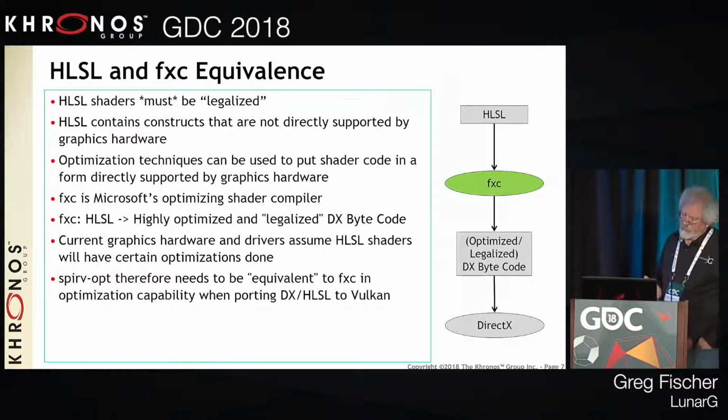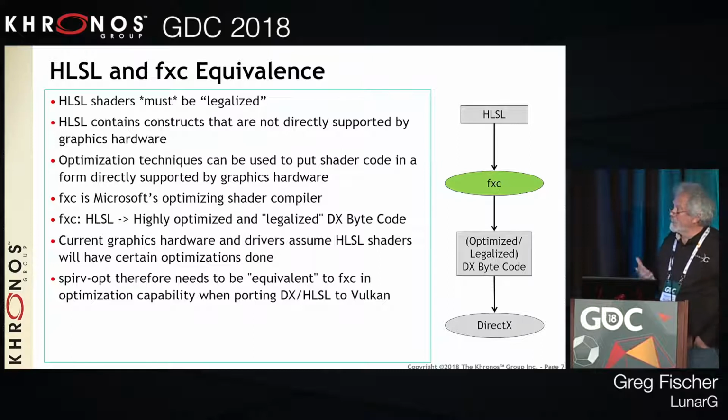Right. And this is not a problem that's peculiar only to Vulkan and to our front ends. As a matter of fact, FXC, and I know everybody here in this room knows what FXC is, the Microsoft shader compiler, also is a highly optimizing and transforming compiler.